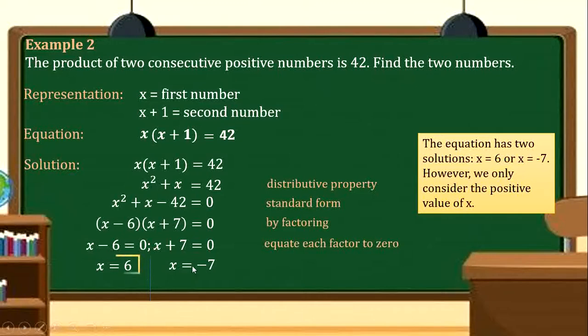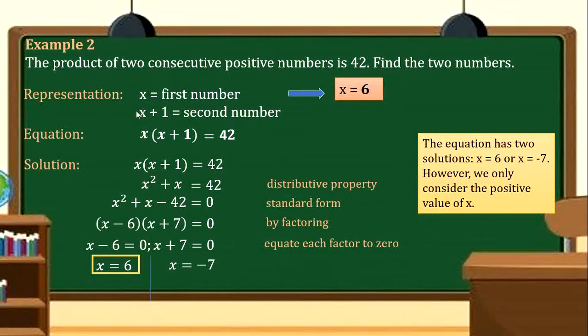So, which is 6. Ngayon, dahil ang value ng x natin ay 6, babalik tayo dito sa representation. Para makuha natin yung first number, substitute natin kung ano yung nakuha nating value ng x. So, since ang x natin ay 6, the first number is 6.